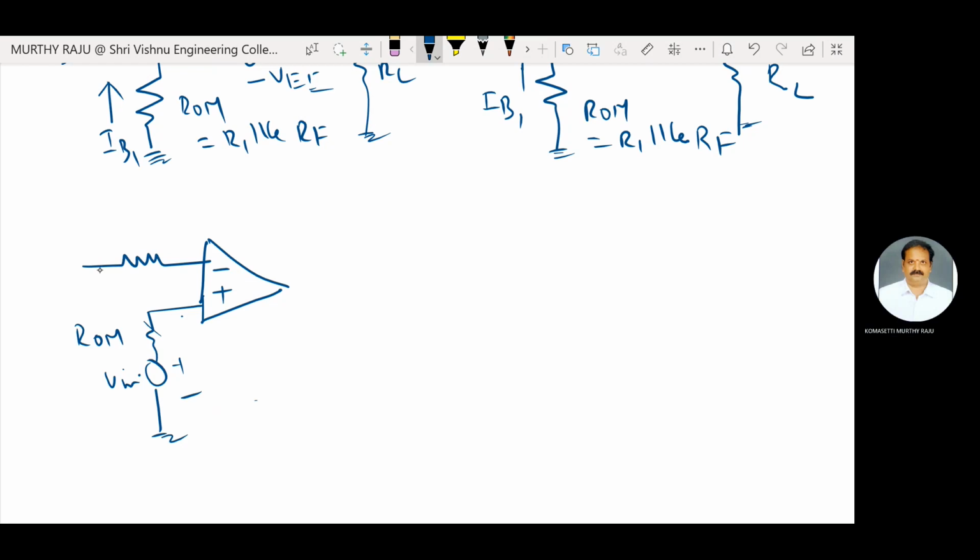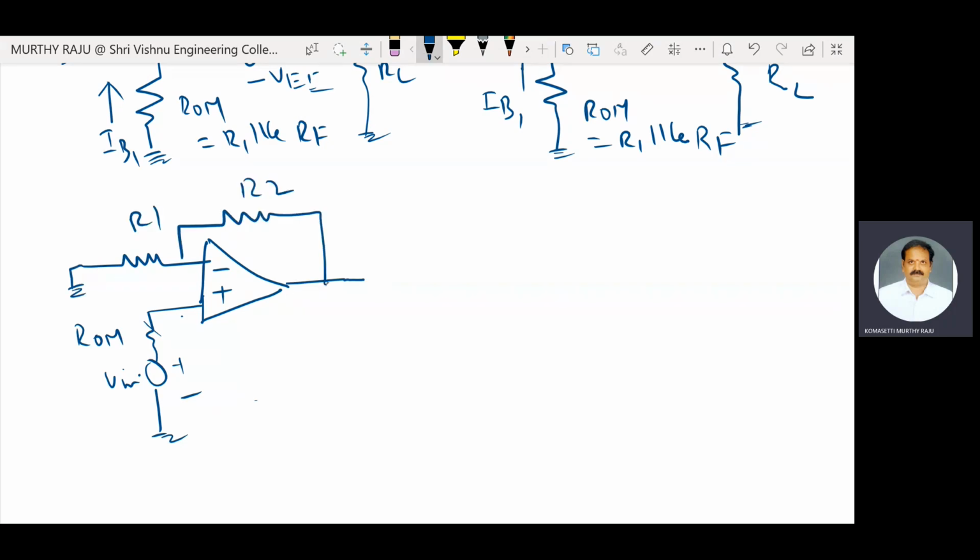And this one is R. R1, RF, RL, V0. Suppose Vin is equal to 0. This is a non-inverting amplifier.